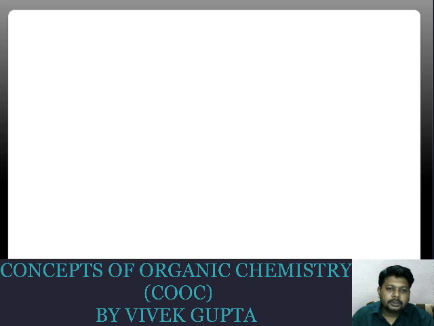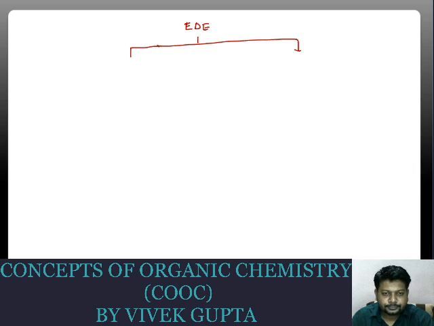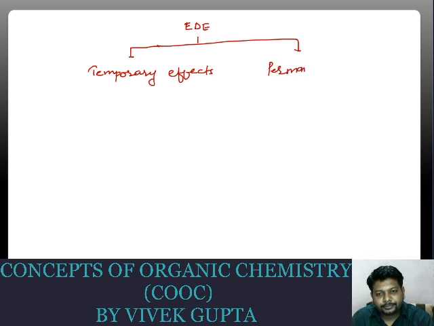Now coming to the next thing, how many types of electronic displacement effects are there? Broadly we can classify the electronic displacement effect into two types. They can be a temporary effect or a permanent effect.